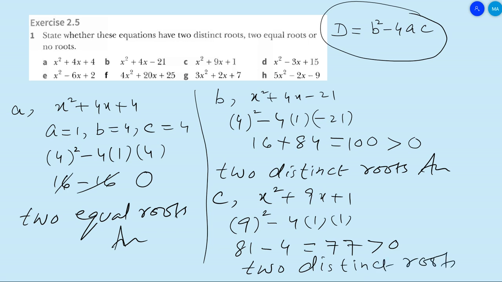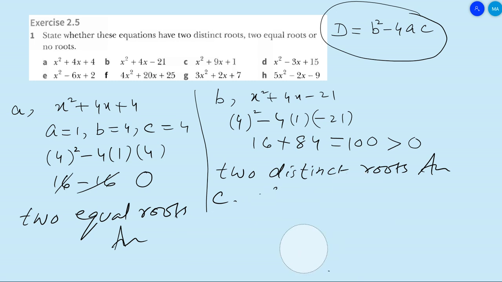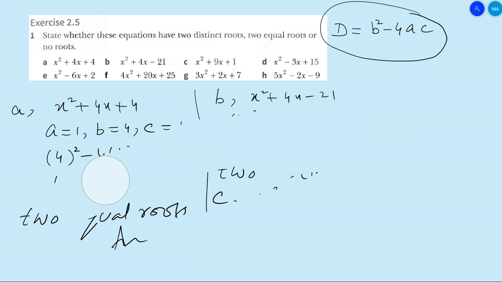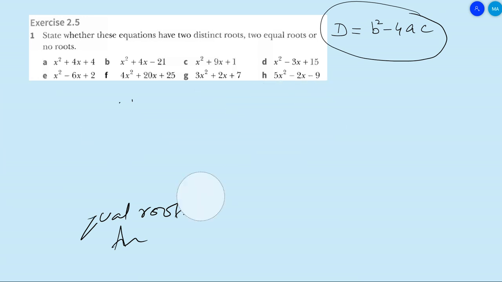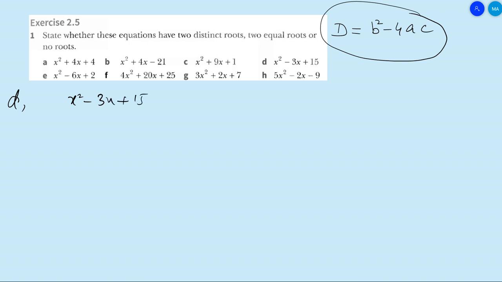Come to part D. Part D is x square minus 3x plus 15.